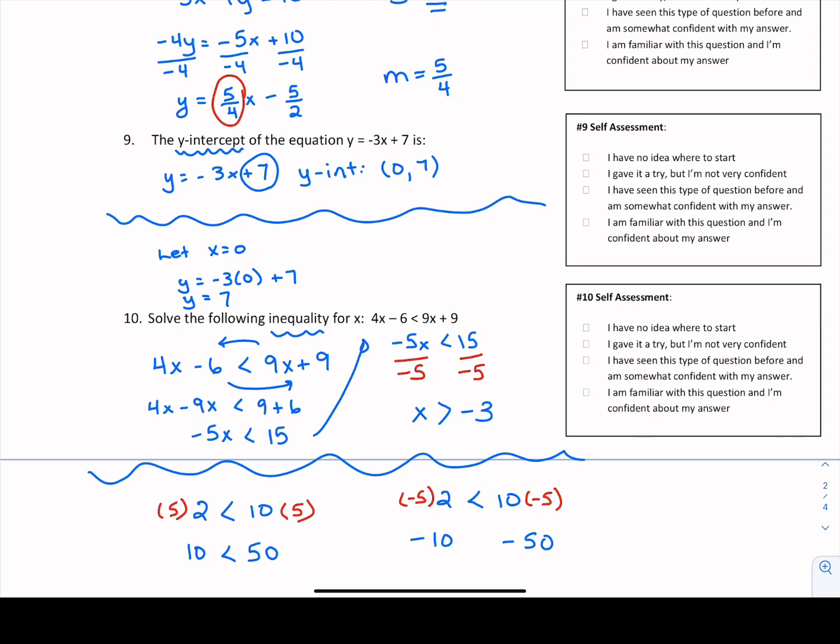So if I left that as a less than symbol, we would be incorrect. So that's why when we multiply or divide by a negative number, the orientation of this symbol needs to change to make it true or make it accurate. So again, when you multiply or divide by a negative number and you have an inequality in your expression or in your equation, you want to make sure that you flip those signs.